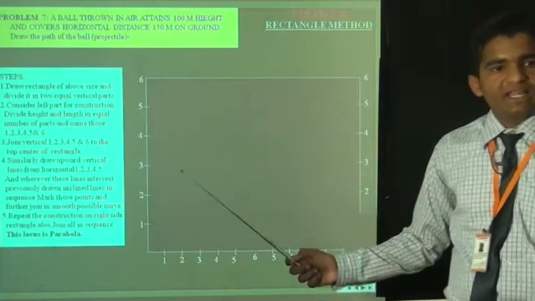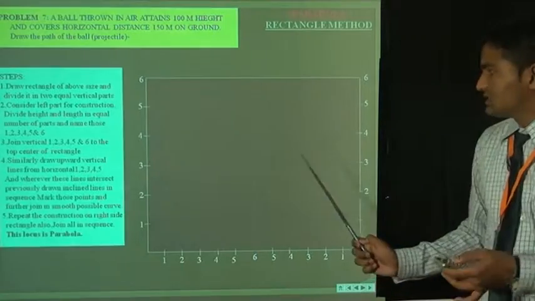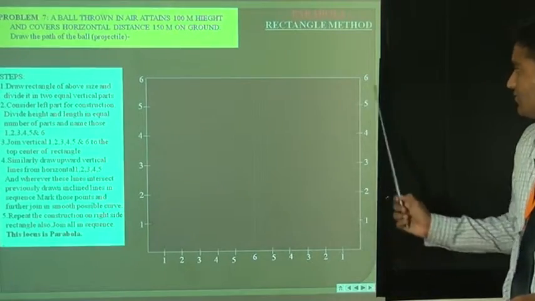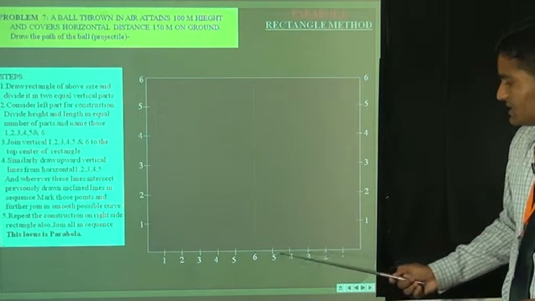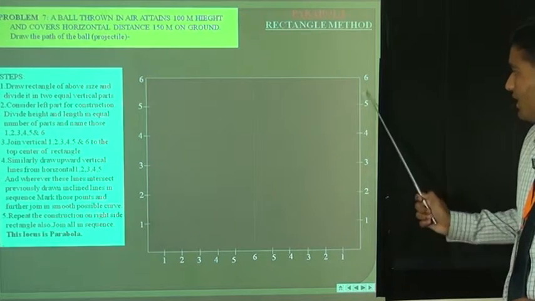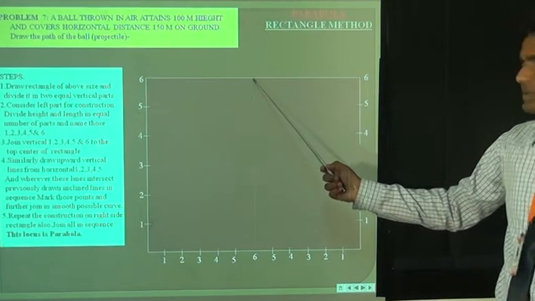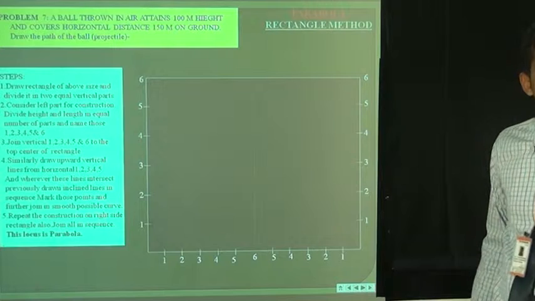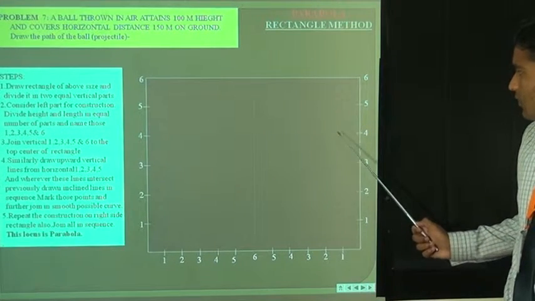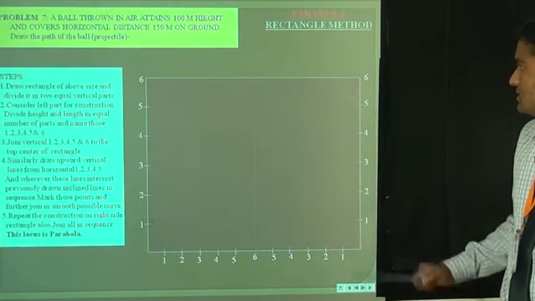Then let's do the same process on the right side of the rectangle. Divide this vertical line into 6 parts and this horizontal line into 6 parts and connect these points to the upper end of the rectangle. So let's do it like that. 1 point, 2, 3, 4, 5 and 6.